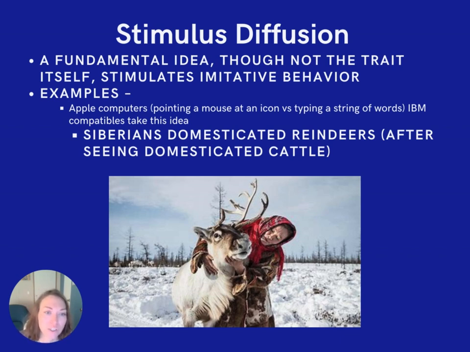It's a fundamental idea, not the trait itself, that stimulates imitative behavior. A good example would be Siberians seeing domesticated cattle and then domesticating reindeer. Also, Apple computers took this idea of pointing a mouse, as opposed to having to type in code, and that stimulates innovation.